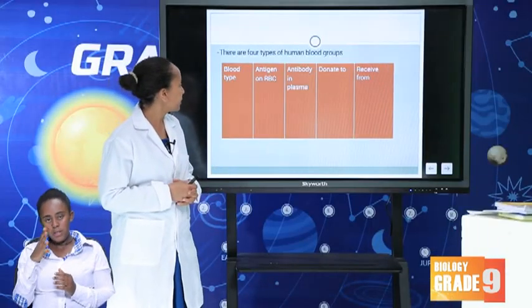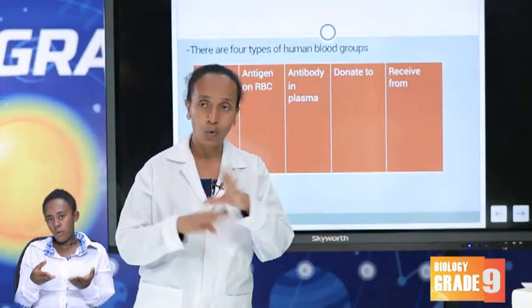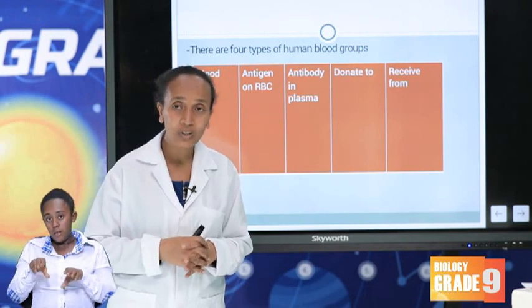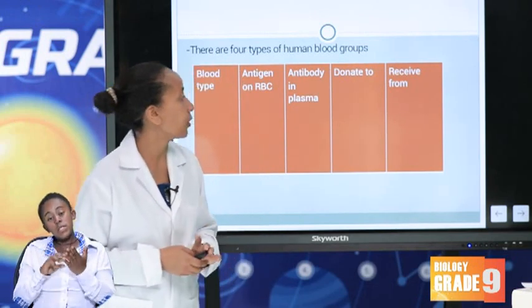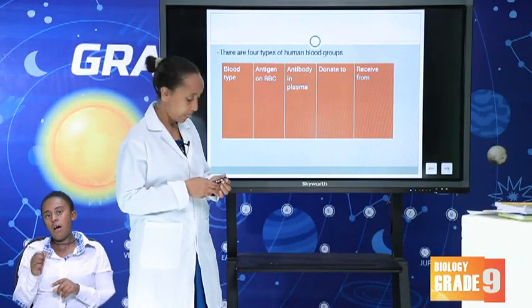And type O individual can donate blood for all type of blood groups, and it can receive only from type O individual. This is because of the difference of the presence of antigen and antibody.